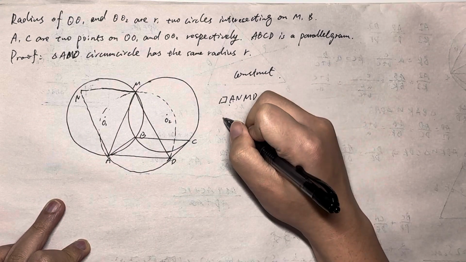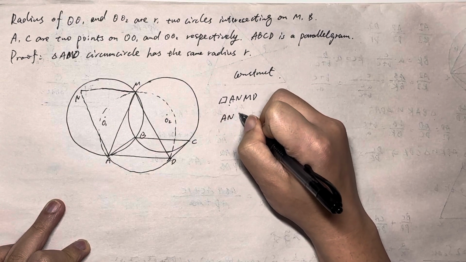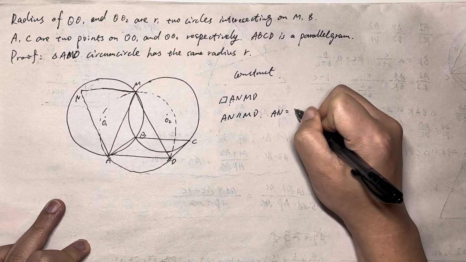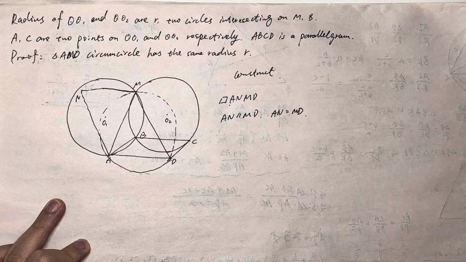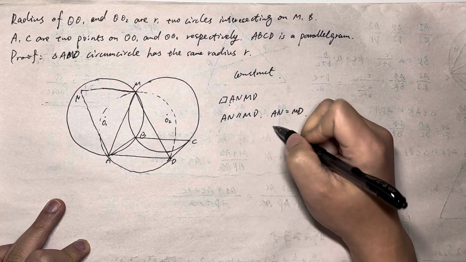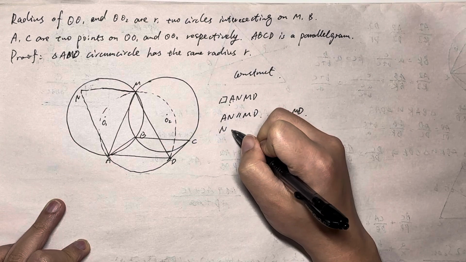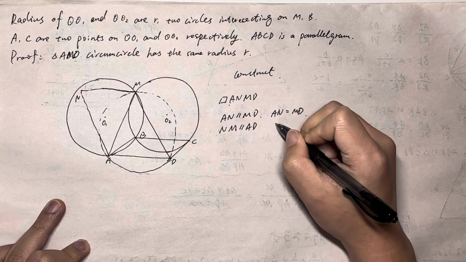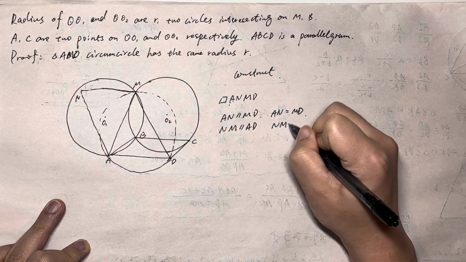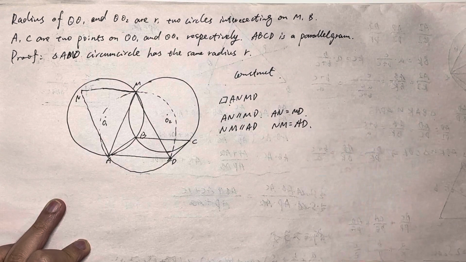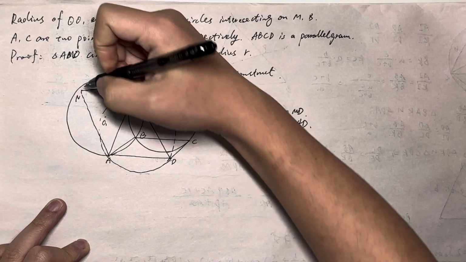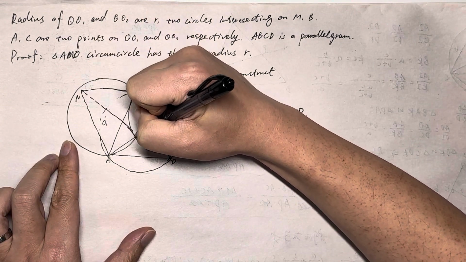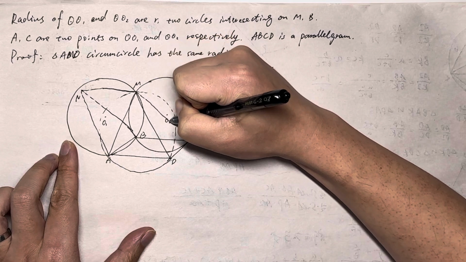We know that AN is parallel to MD, and AN equals MD. Also, NM is parallel to AD, and NM equals AD. So we can connect NB and MC.